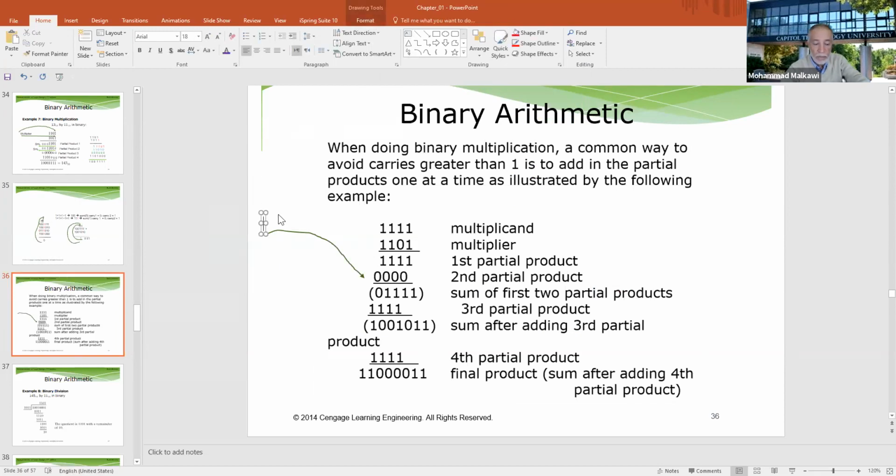So I would say add 1. Okay, and then my second add. So I added the first partial product to the second, then I add to it the third partial product.